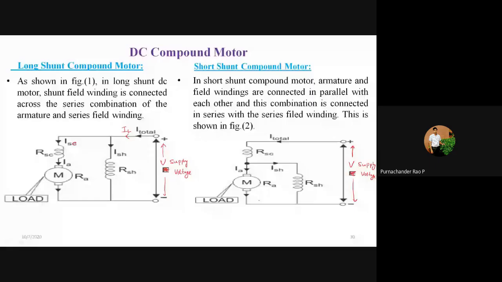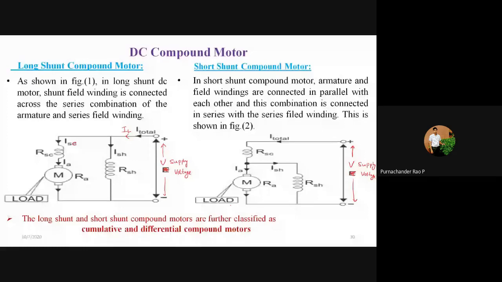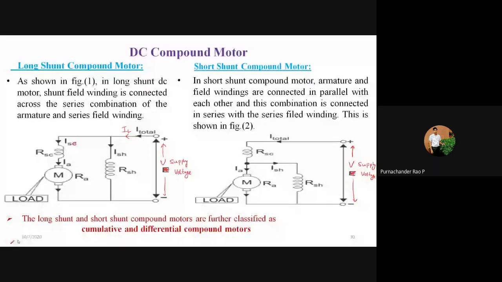Next, these long shunt and short shunt motors are further classified as cumulatively compounded motors and differentially compounded motors. In cumulatively compounded motors, the flux developed is additive, that is phi SH plus phi SE.